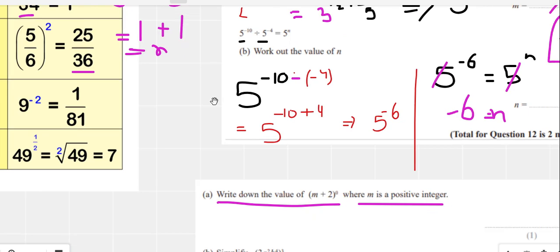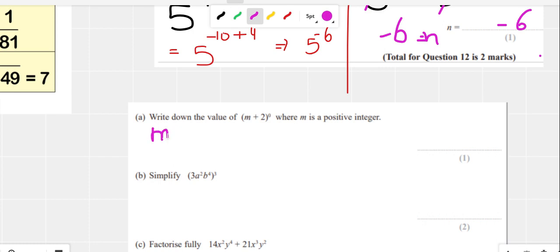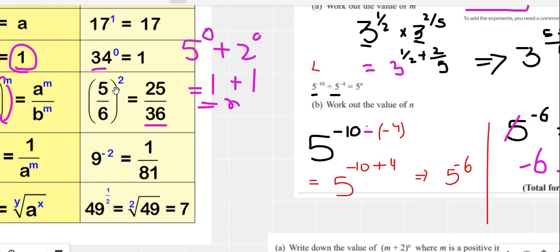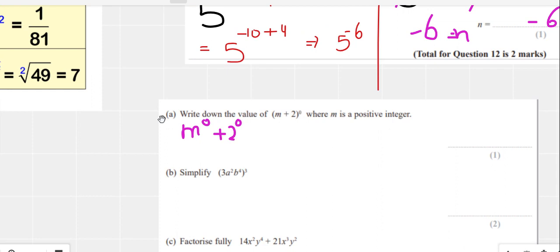So if you look at our question, we have to open the power of this one as well. And we have a plus sign in the middle. So it means that we will write here m power 0 plus 2 power 0 when you open the bracket. Now this rule comes: when any variable's power is 0, that's always equal to 1. So we will say here m power 0 is 1 plus 2 power 0 is 1. That's equals to 2. And they said m is a positive integer, so we got the positive integer which is 1. And when you add them, that's 2. So our answer is 2.